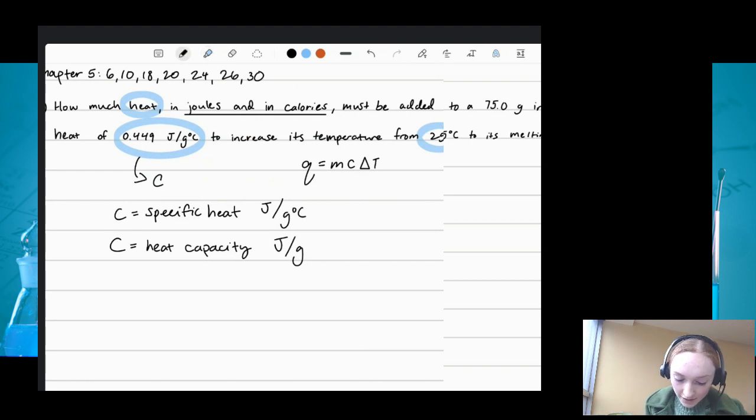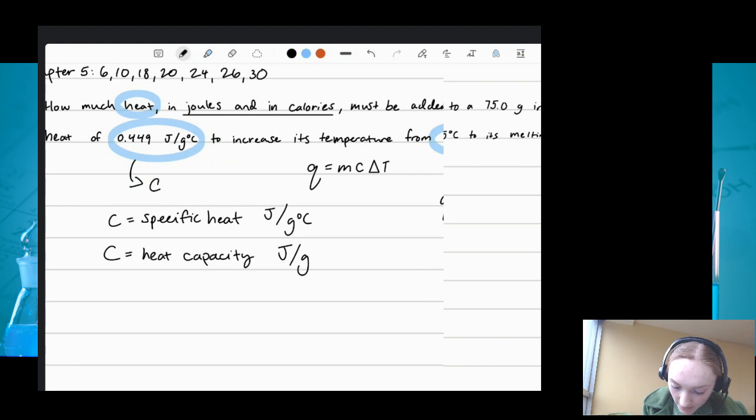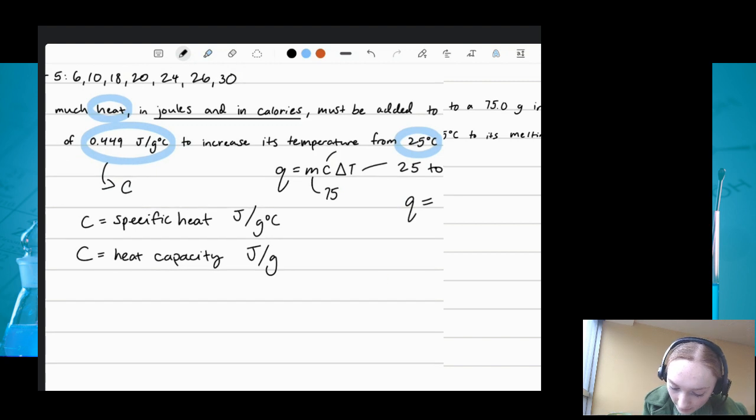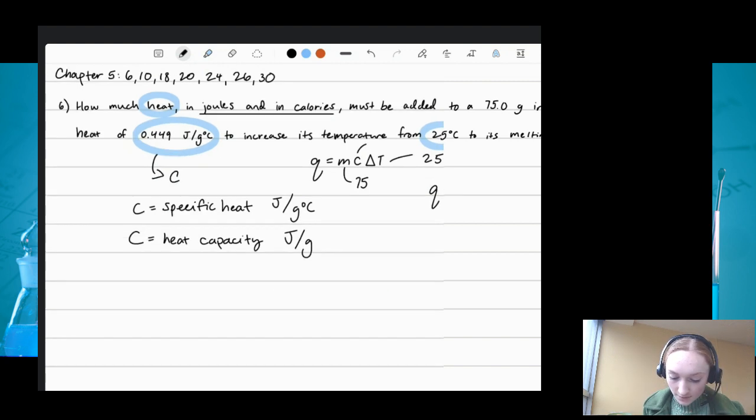So we have this equation here, and this is what we're going to start with. Q is what we're finding, so we can set it equal to everything that we are given from the question. M stands for mass, so that's the 75. We know what C is. And the delta T is the 25 to 1535. So that is the change.